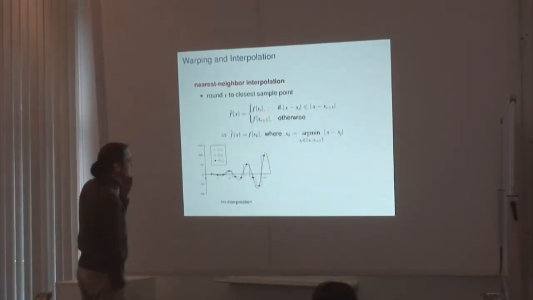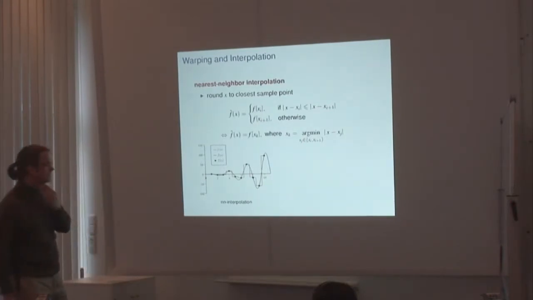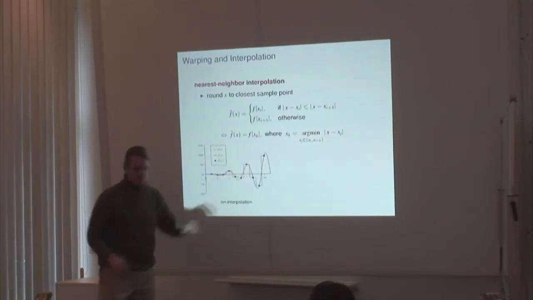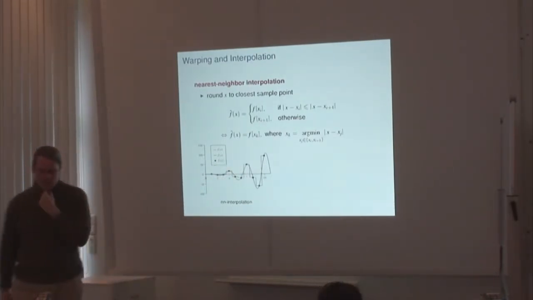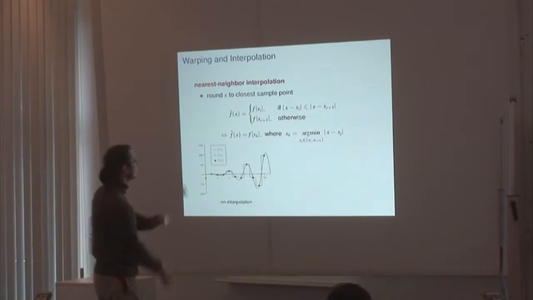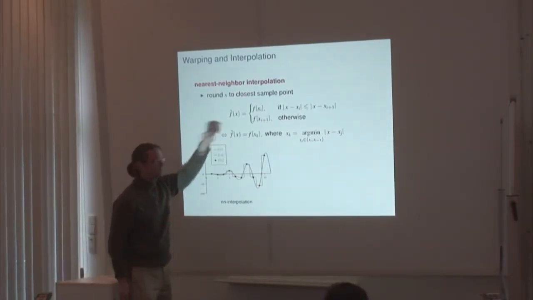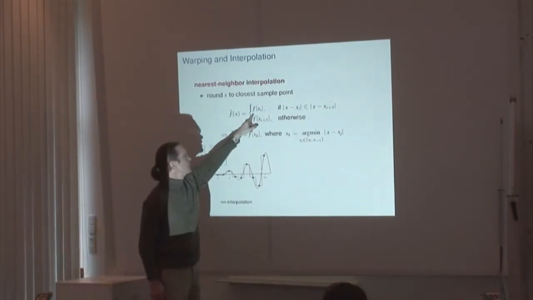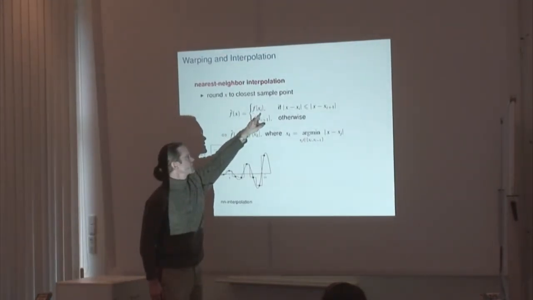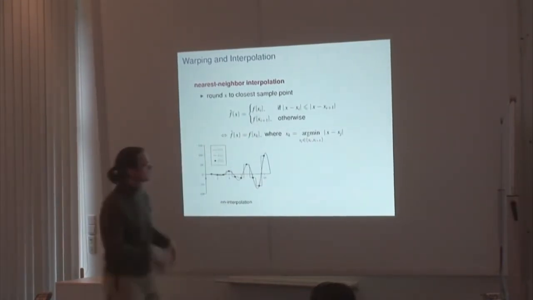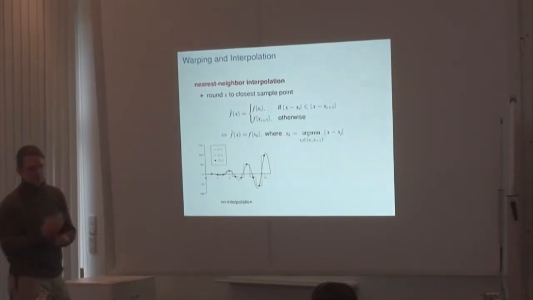And one idea of how to interpolate in between any 2 given values could be to apply the idea of nearest neighbor interpolation. That is to say, we produce a new function f hat which assumes the value of f at coordinate xi if this x is closer to xi than to any other of the sample points.